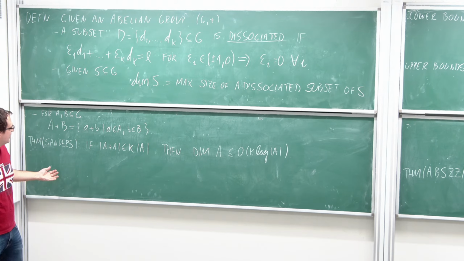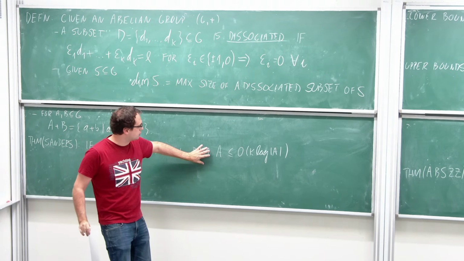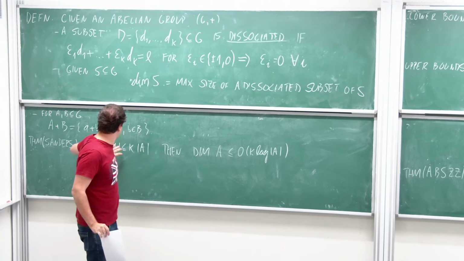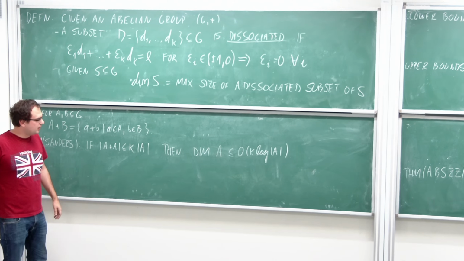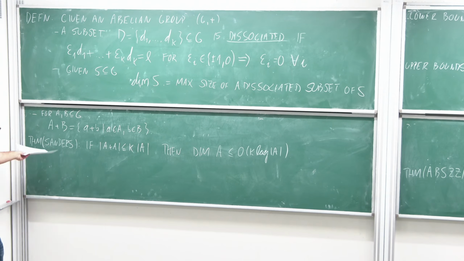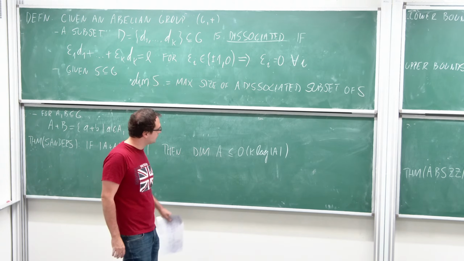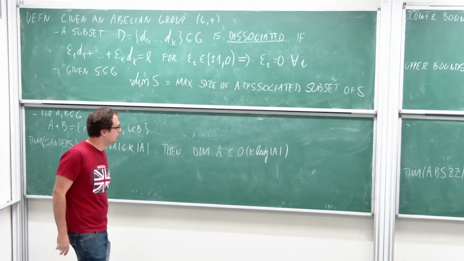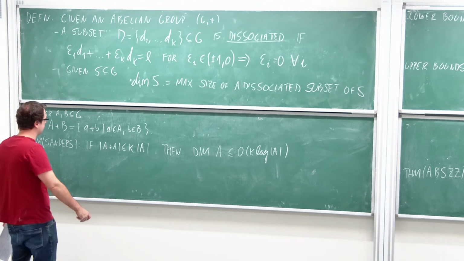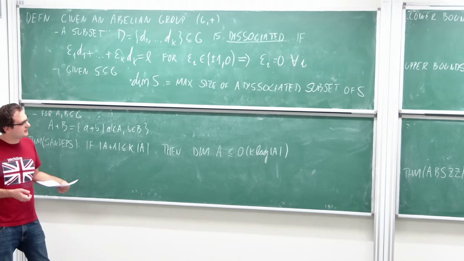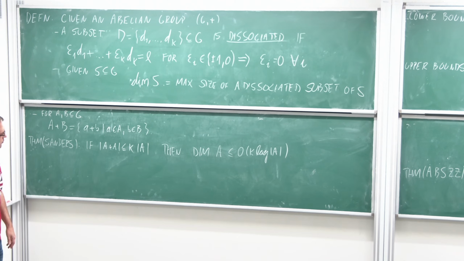So in some sense it's telling you that in order to get some control on the dimension of a set, it's very related to how big its sumset is. This is a very nice result, and it's not that hard. It's using Plünnecke inequalities, and it is using some amount of Fourier analysis. In particular, it only applies in the abelian case. Everything that I said so far, I was sticking to the abelian world.